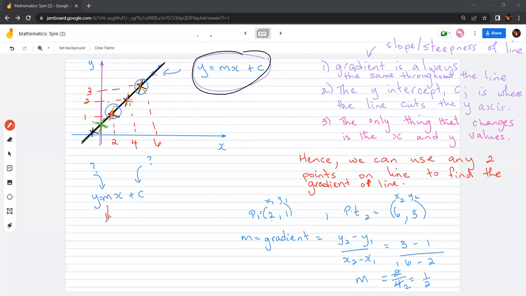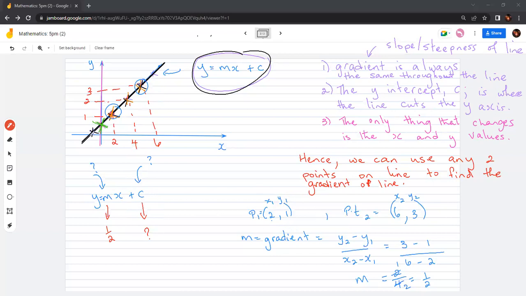Now I know my gradient is a half, but you also know that I need to find my y-intercept C. Now, I don't know what this is, but I could use 1 point.